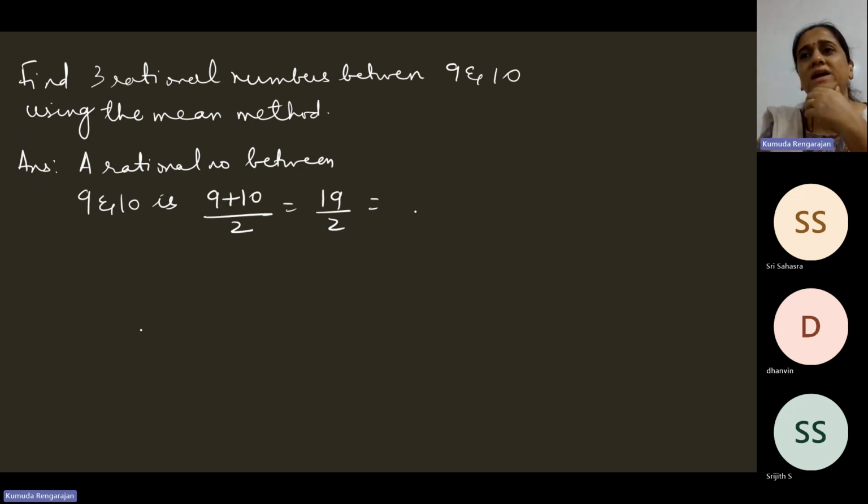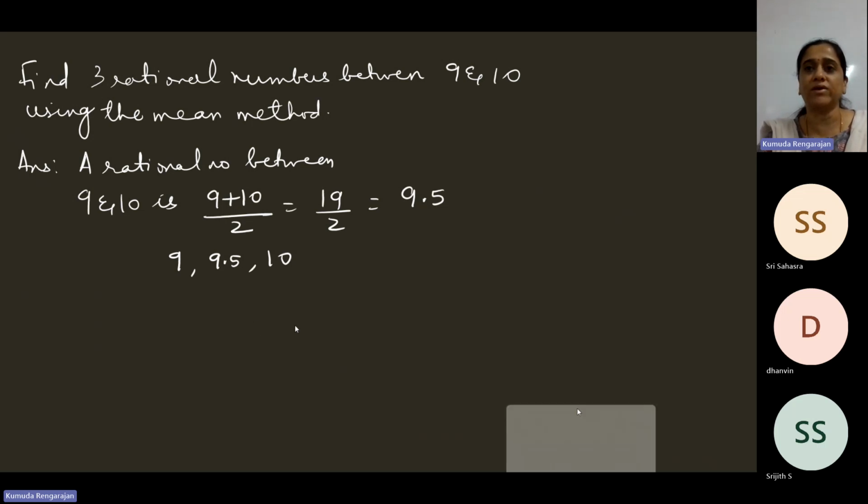Here you can directly add, no LCM. Add and divide by 2. What is 19 by 2? 9.5. So between 9 and 10, you have inserted 9.5, correct?